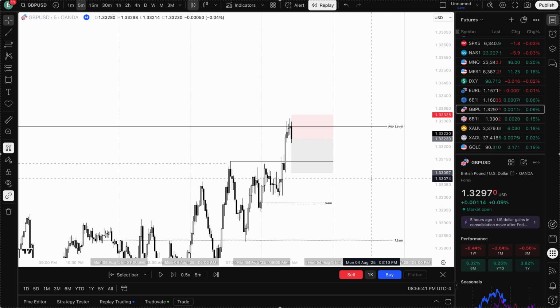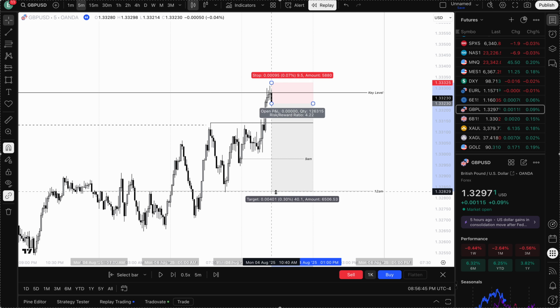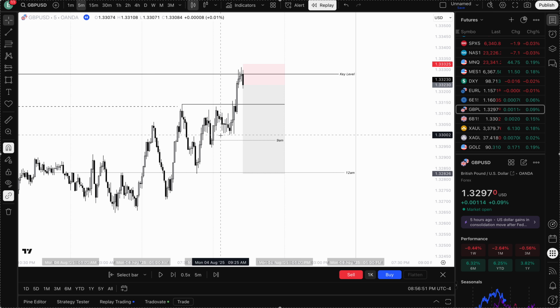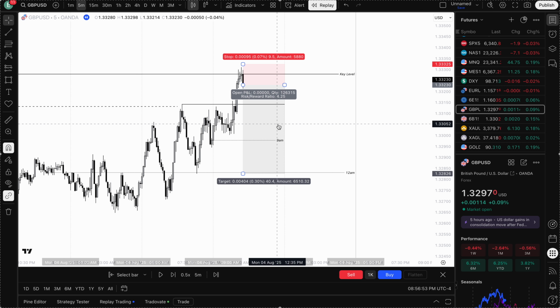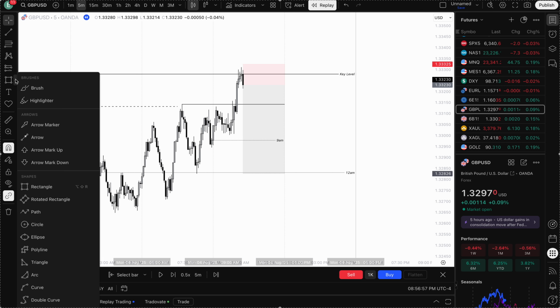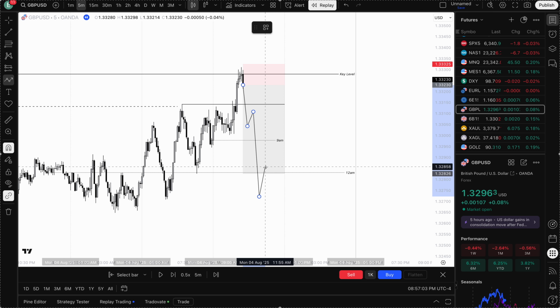And I didn't really have a specific target. My idea for a target on this trade was using a time-based exit. So if I'm trading a 9 a.m. candle, I want to be exiting at the low of the candle. So I'm anticipating this to go like this, and then around 12 o'clock, it makes the low and then closes.